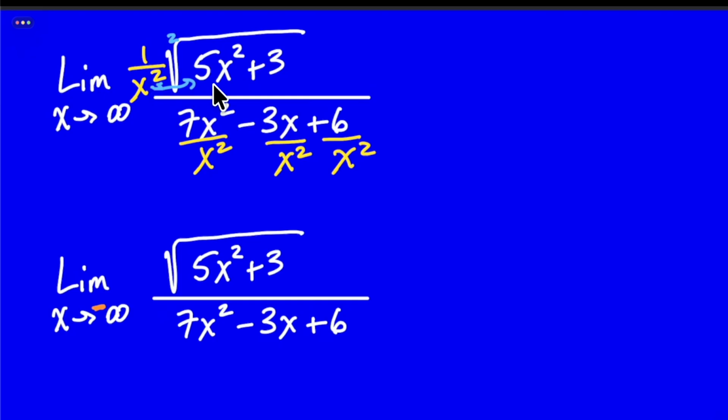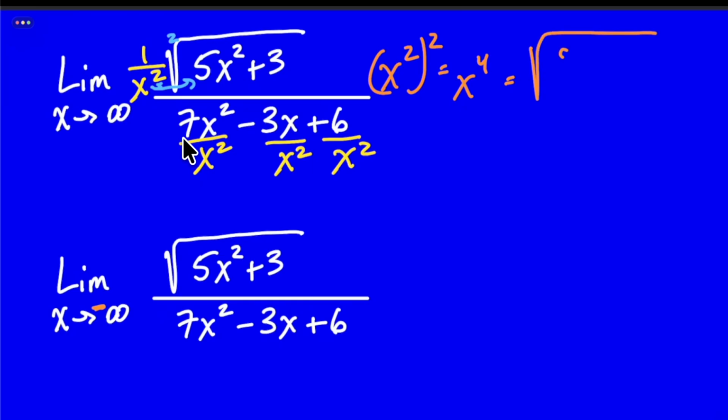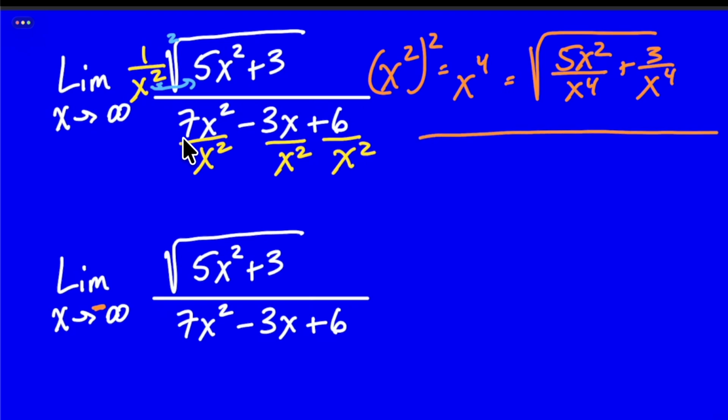Okay, now don't forget, when we insert the x squared into the radical, we get bigger. So x squared is going to go in as x squared squared, or x to the fourth. Okay, so on the top, we're going to have the square root of 5x squared over x to the fourth plus 3 over x to the fourth. Okay, on the bottom, we're going to have the following. Because we insert infinity here, these are going to cancel out.